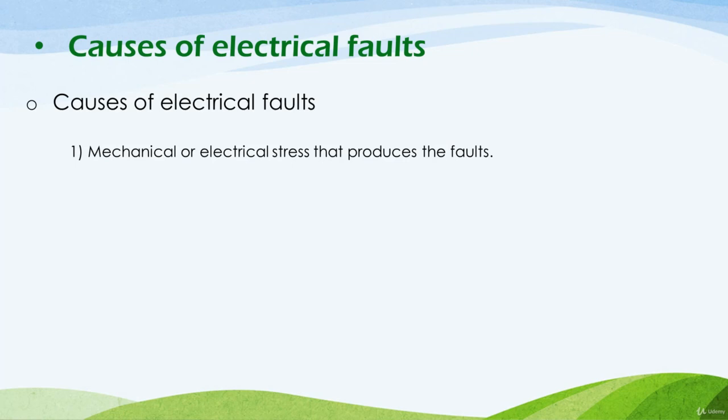The mechanical stresses may produce mechanical damage to the electrical equipment. For example, if a load break switch is subjected to mechanical shocks or stresses, it may be damaged, and this means that the circuit will be open, and when the circuit is open, this is a fault condition.